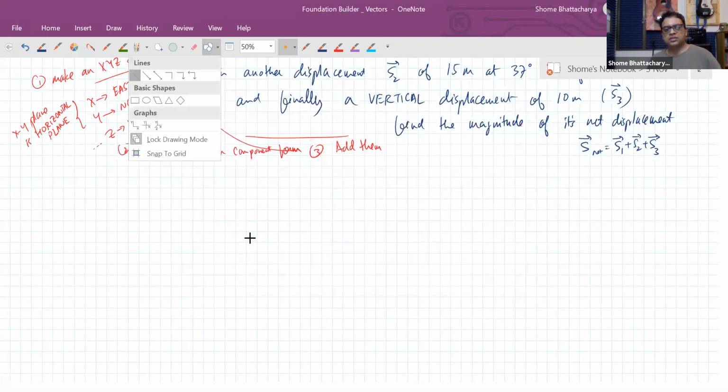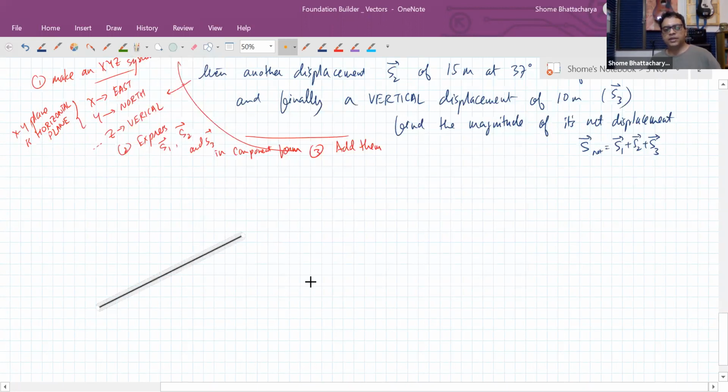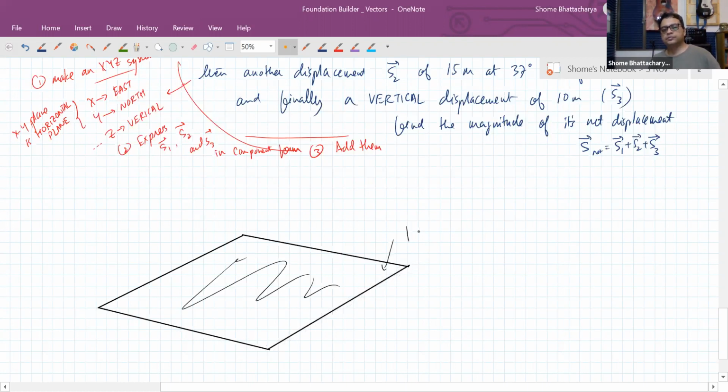So suppose this is a horizontal plane, the surface of the table on which you're writing, or the floor on which you're sitting. So this is the horizontal plane, like this.